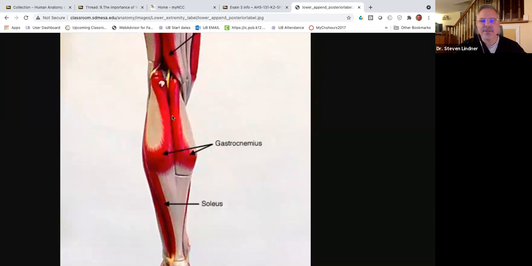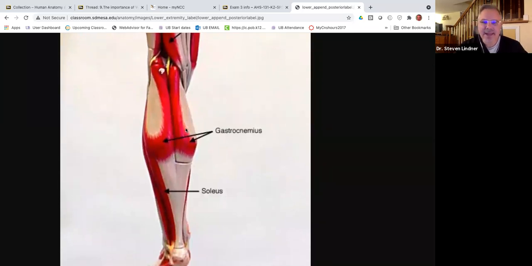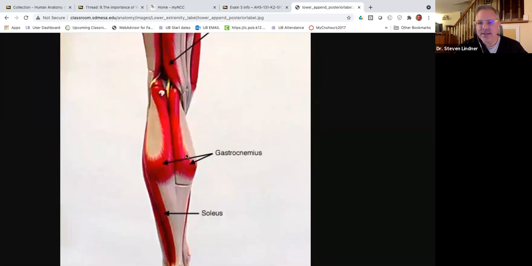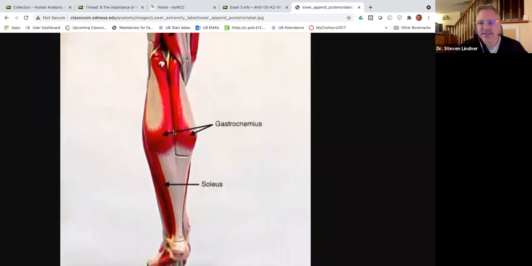Now, on the posterior, if we move down to the lower leg, we can see the superficial muscle called the gastrocnemius. Now, there's 2 heads to that muscle. There's a medial head and a lateral head. So if you're ever asked on an exam to label this, you could say gastrocnemius, you just wouldn't get full credit, right?